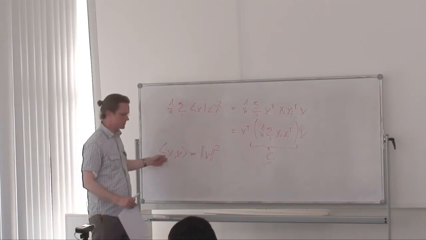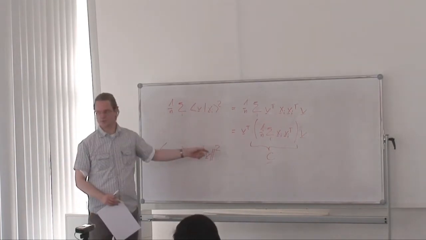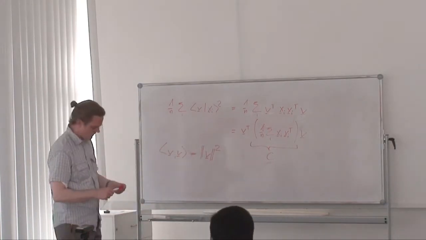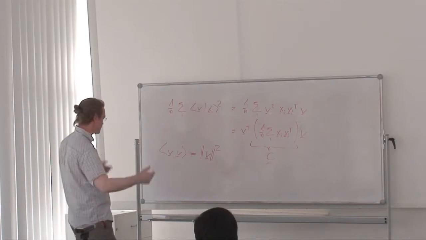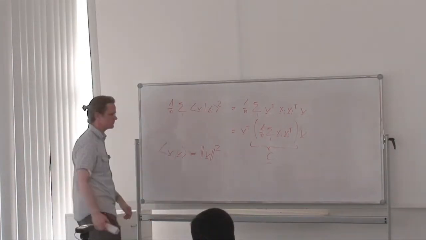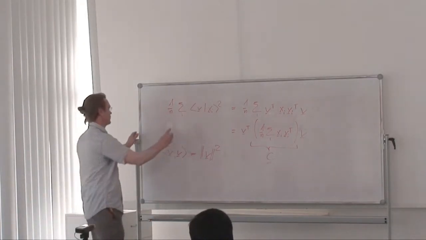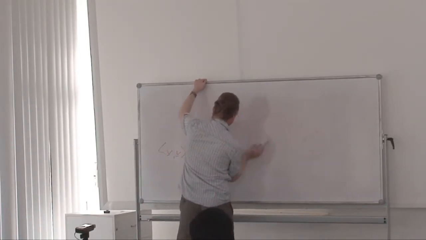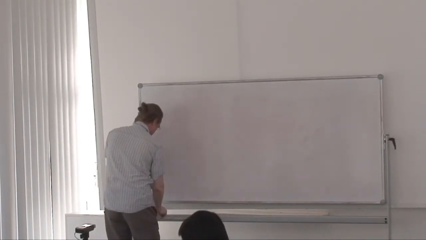So if we have just the inner product of something with itself, it's the norm squared. Okay, now with these two considerations, our problem now becomes the following. It's just rewriting our problem.